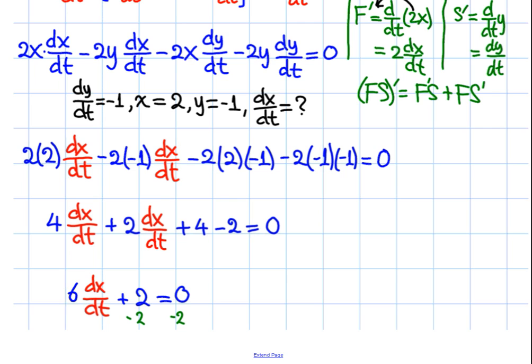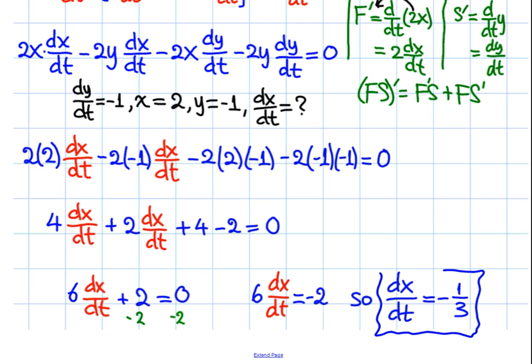And so we have 6 dx dt equals -2, or dx over dt. So dx over dt is -2 over 6, which is negative 1 over 3. So that's what we have for this problem.